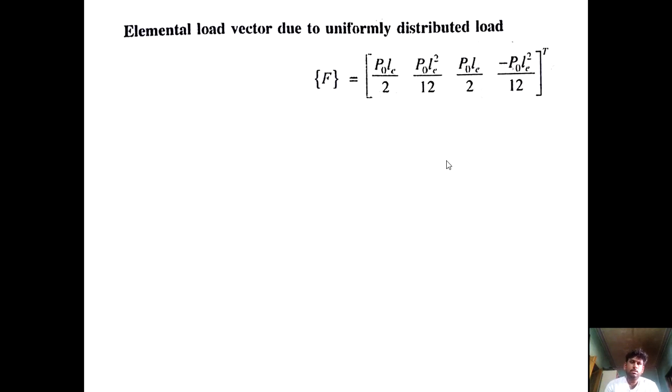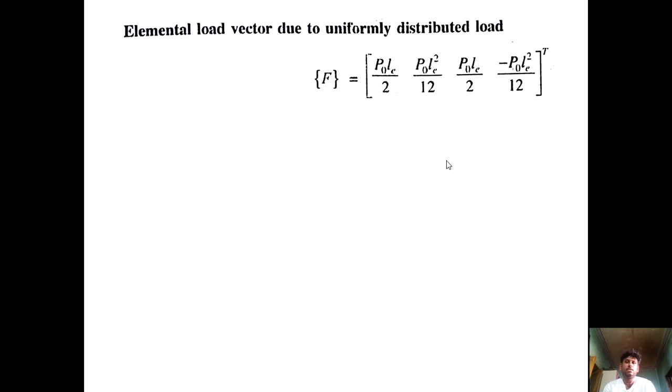For the load vector, both elements are acted on by a uniformly distributed load of different values. For element 1 the value of P0 is 12 kilonewton per meter, and for element 2 it is 24 kilonewton per meter, but the length is the same, 4 meter.